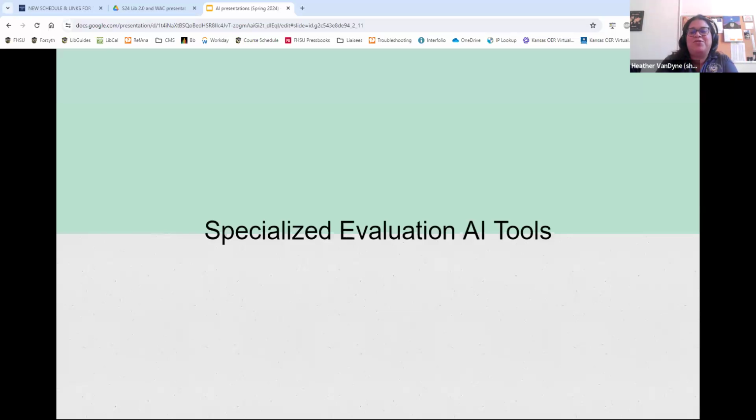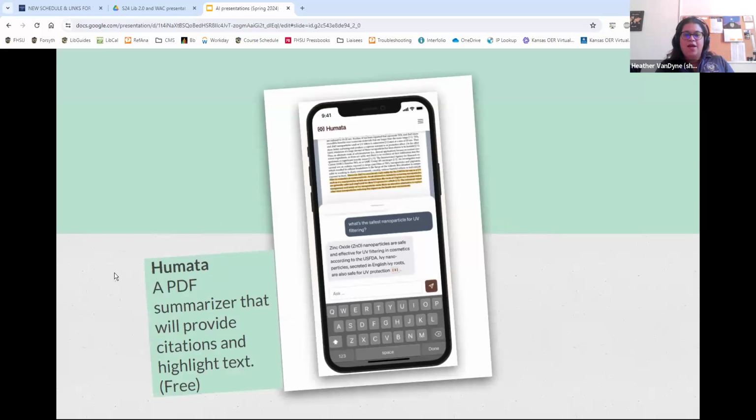Anyways, these are the tools that we have earmarked as being great for the evaluation part of the research process. So first off is Humata. Humata is a PDF summarizer.